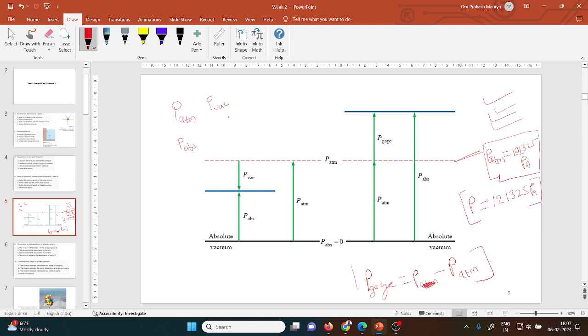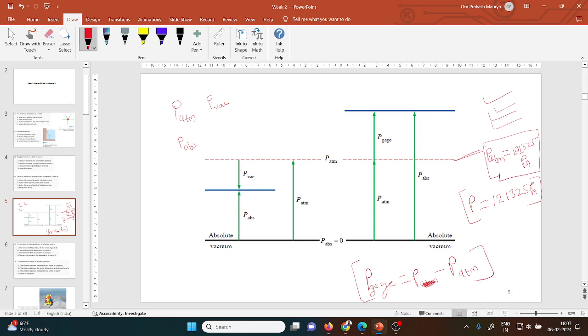This gives you the gauge pressure. Always remember, gauge pressure is the given pressure minus the atmospheric pressure. The vacuum pressure is just the opposite, the pressure below atmospheric pressure.